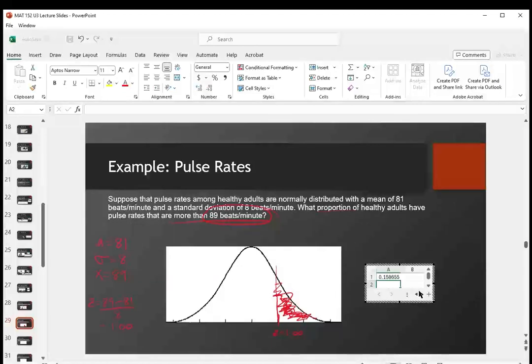And so this proportion of the area, 0.1587 or 15.87%.